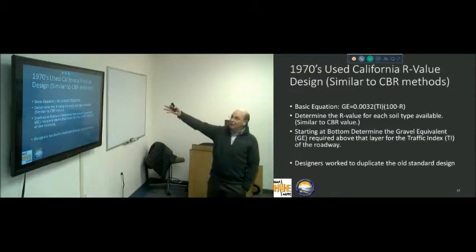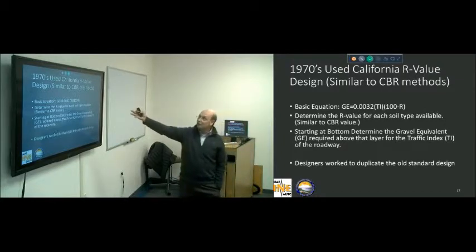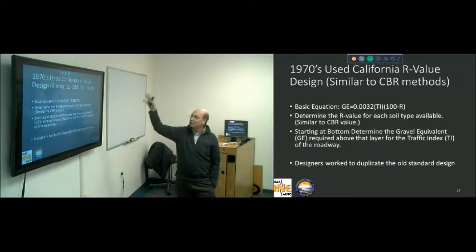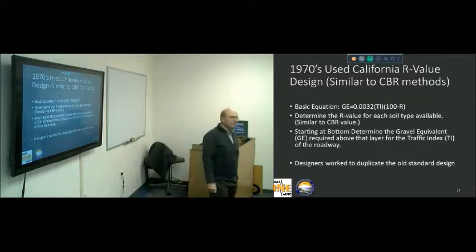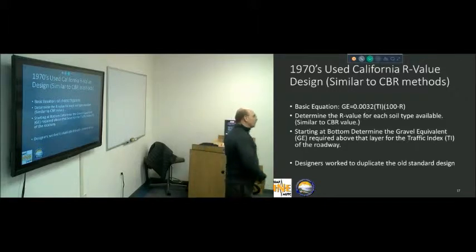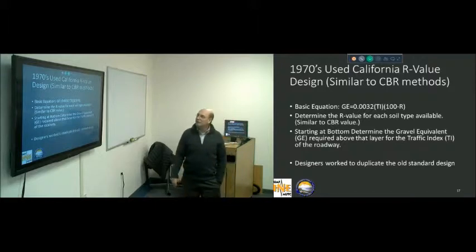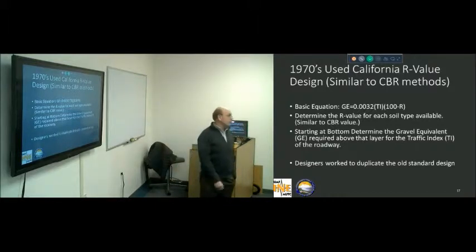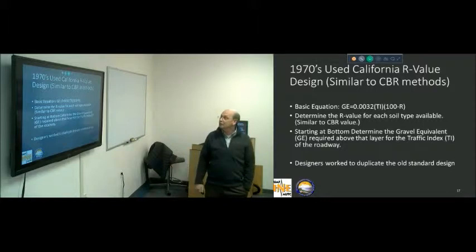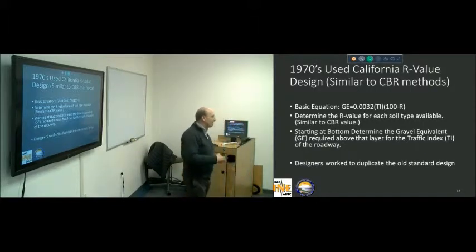There's the equation, really: the gravel equivalency over the subgrade is 0.0032 times the traffic index times (100 minus the R value). R value is somewhat akin to a CBR. Not quite the same, but very close. So that was the whole equation right there. All you had to do was plug that in there and you get a gravel equivalency. Each layer has a gravel equivalency.